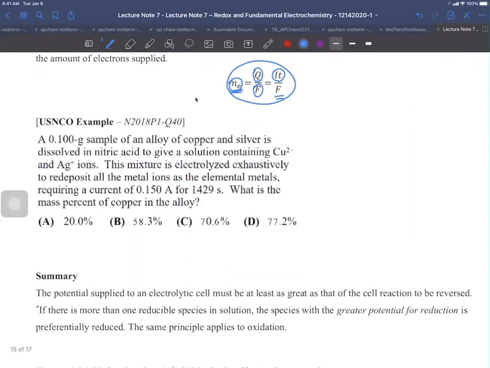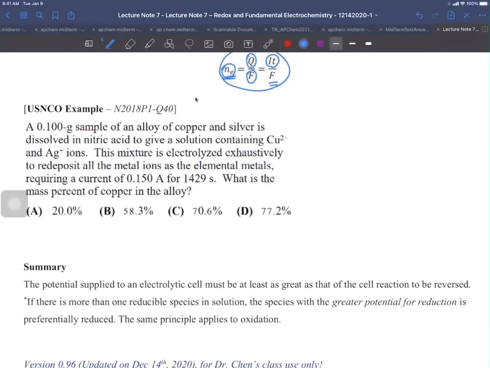So let's have a look at an example. It's an alloy made by copper and silver. It is dissolved in nitric acid. So obviously the copper will be oxidized into copper 2+, and the silver will be oxidized into silver plus. And then the mixture solution is electrolyzed to redeposit all of the metal ions as the elemental metals.